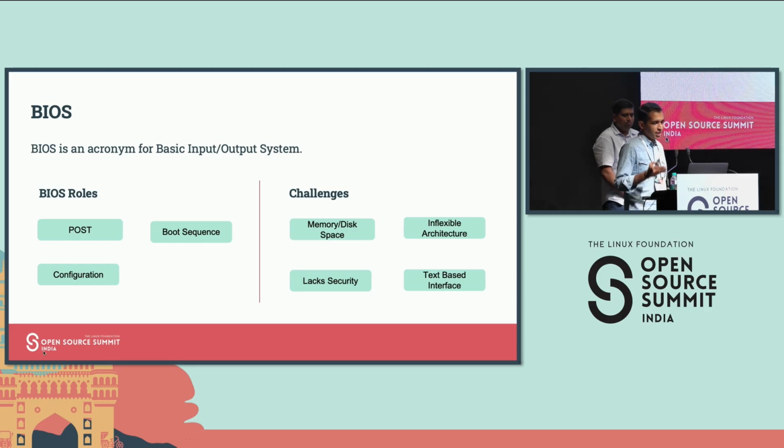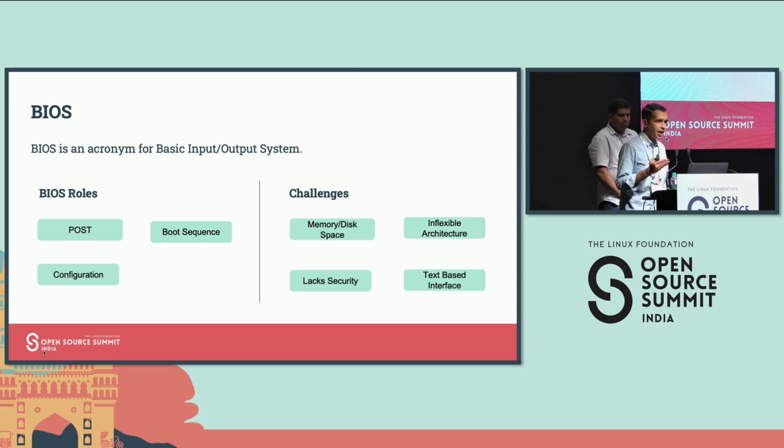One of the very basic roles is POST, the power on self-test, where it verifies some of the hardware and components of the platform itself and makes sure that it boots properly. That's a very initial phase of the BIOS.